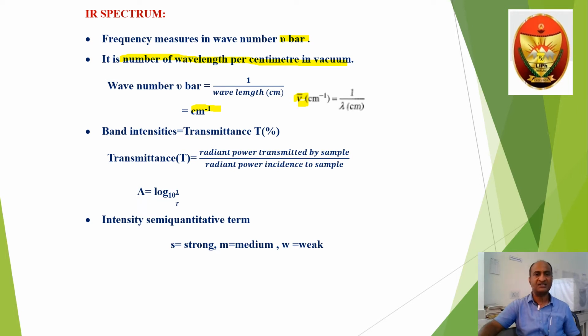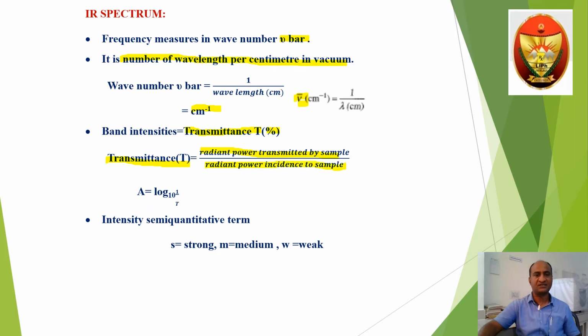And the band intensities are measured in terms of the transmittance T, that is percentage transmittance. Transmittance is defined as radiant power transmitted by the sample upon radiant power incident to the sample.